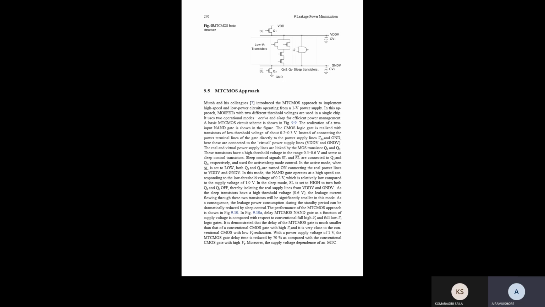The main advantage of this MTCMOS circuit is that it can be easily implemented using existing circuits, without any modification of the cell library.